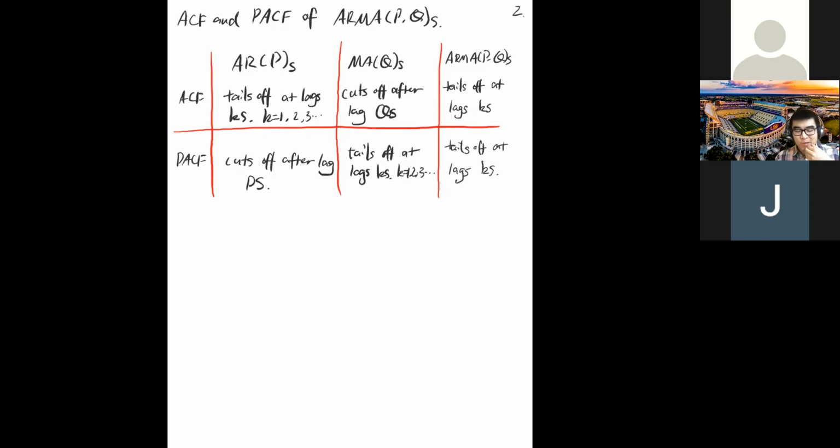If you plot the ACF and PACF of your raw data, or maybe some transformed data, and you find that they tail off or cut off at seasonal lags, that means your time series has seasonality in it, and you perhaps want to use a seasonal model to model your time series.